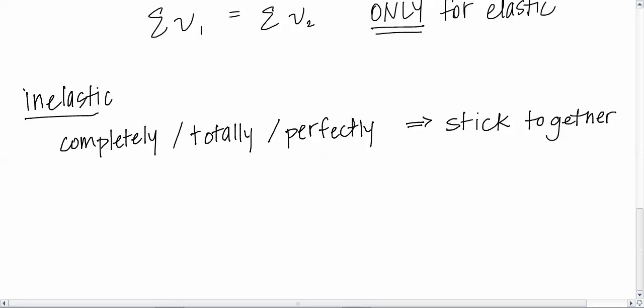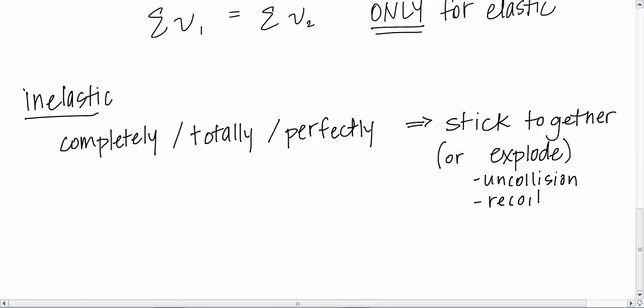And the opposite of sticking together is explode apart. Sometimes I think of an explosion as being like an uncollision, which is a totally made up word by me. An uncollision, or even a recoil collision sometimes. So those are also known as the explosion.